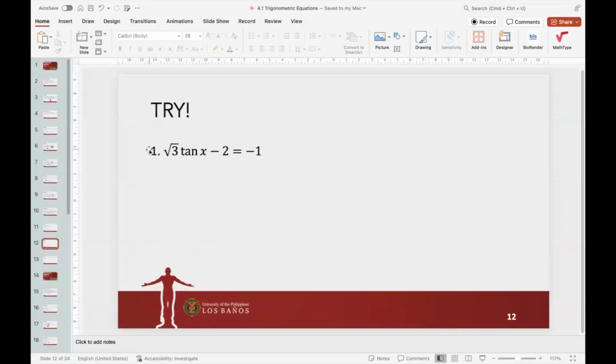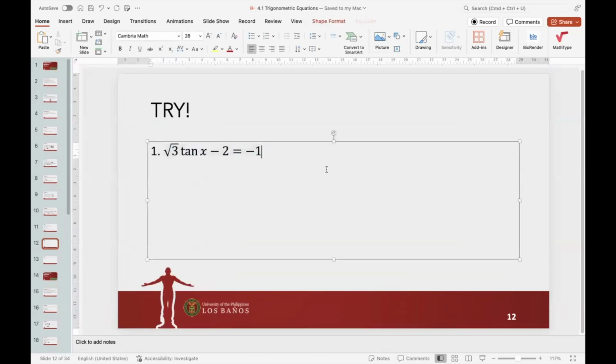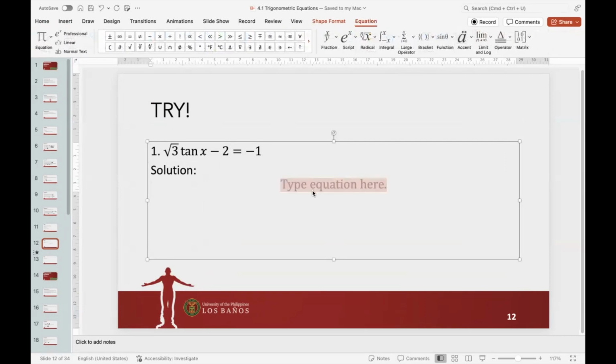So now let's look at the solution for each. Let's try to solve this one. We just have tangent as the function involved, so all we need to do first is to isolate tangent x. We can do that by first adding 2 to both sides.